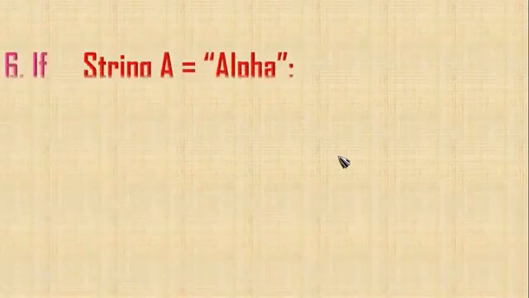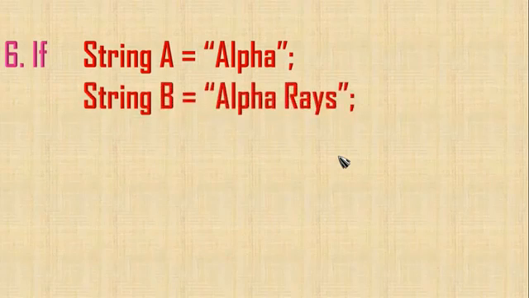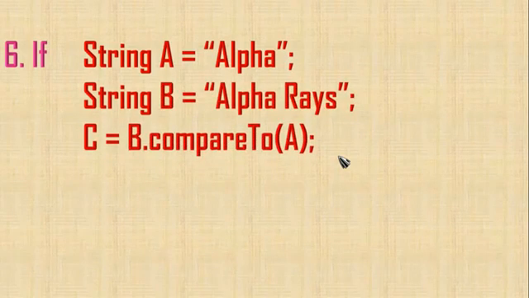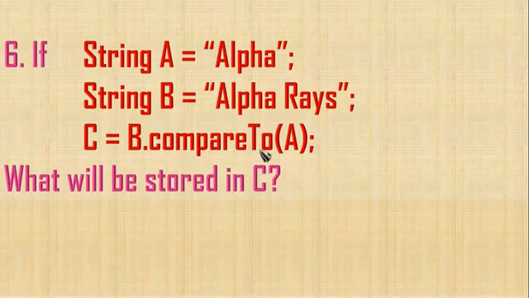Let us go to the next question. If string A is alpha, string B is alpha raise, and C is equal to B dot compareTo A, what will be stored in C? Again you can see the compareTo function, but here it is a little different from the previous case. All the characters of the first string are available in the next string, and a few more characters are also there.